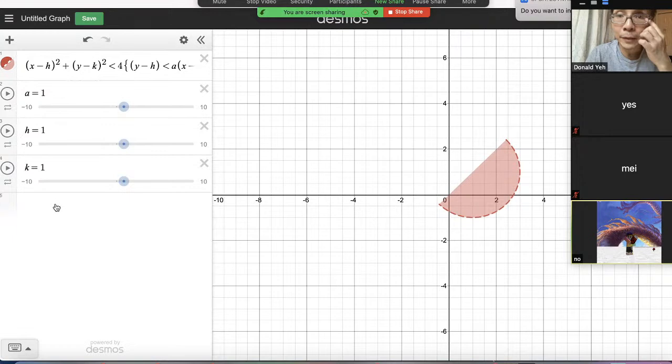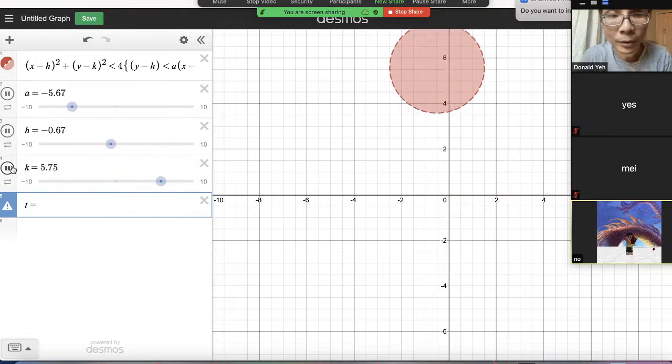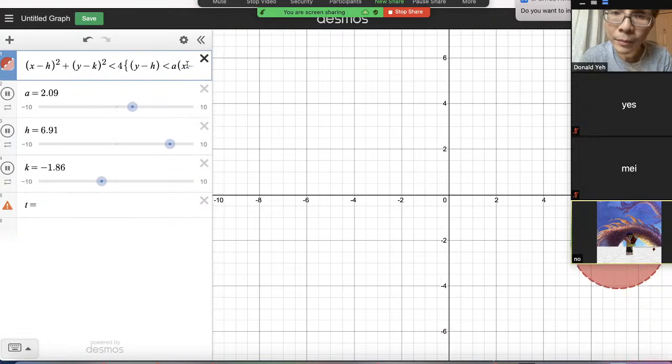The problem with that is we have to set t equal. May says, can I make the circle move? So now this one should be able to follow. Something's still off.